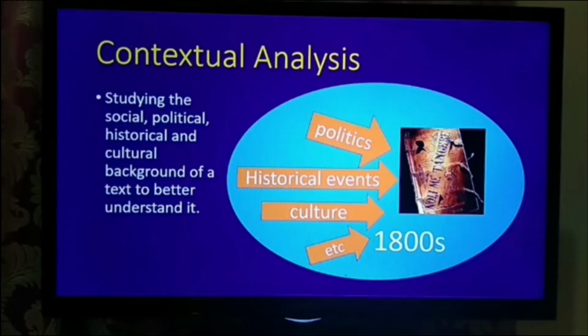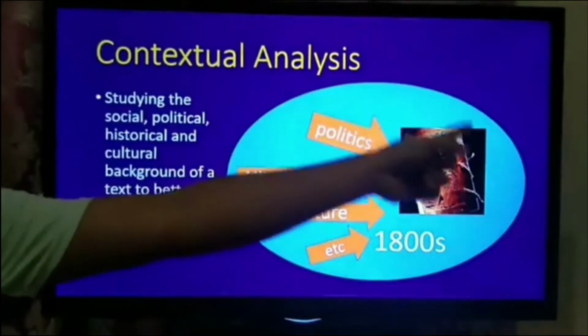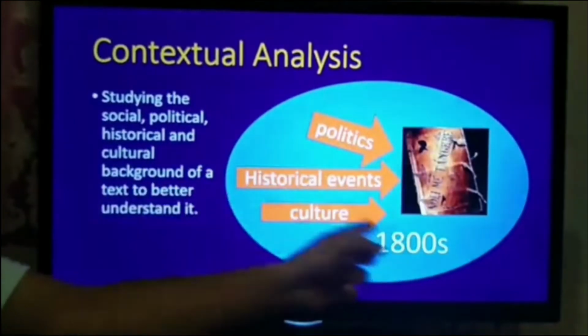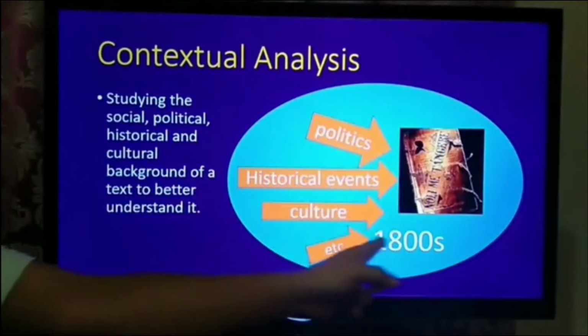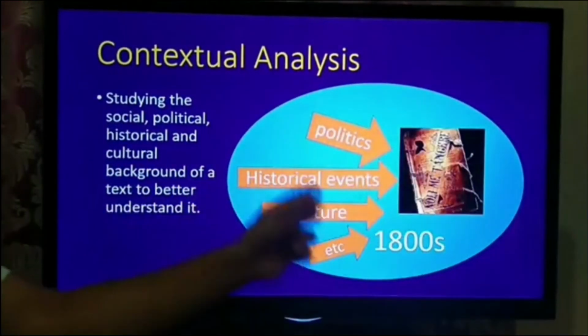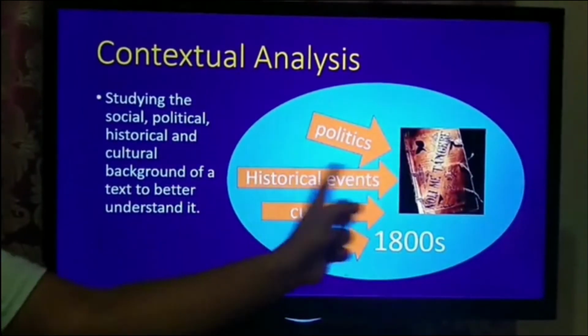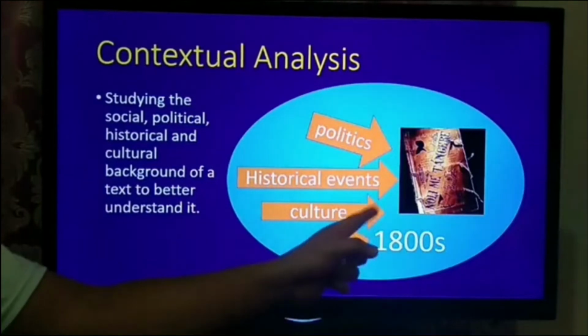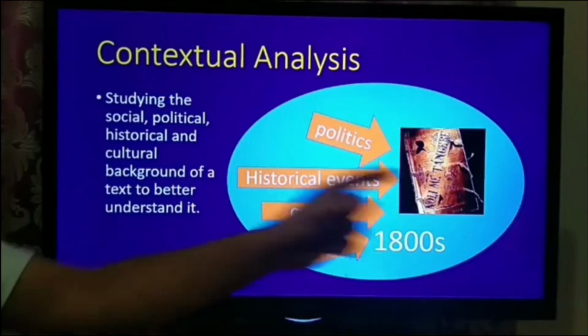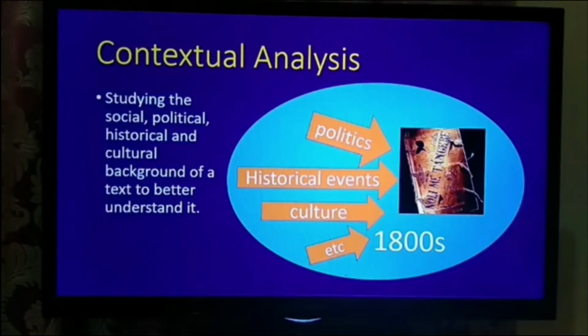So that's how we do contextual analysis. We look at the picture, the surrounding events and the circumstances, situation around the novel, and this in one way or the other influenced our material.